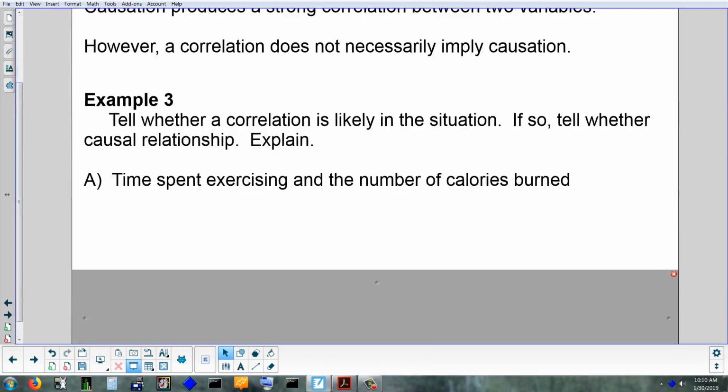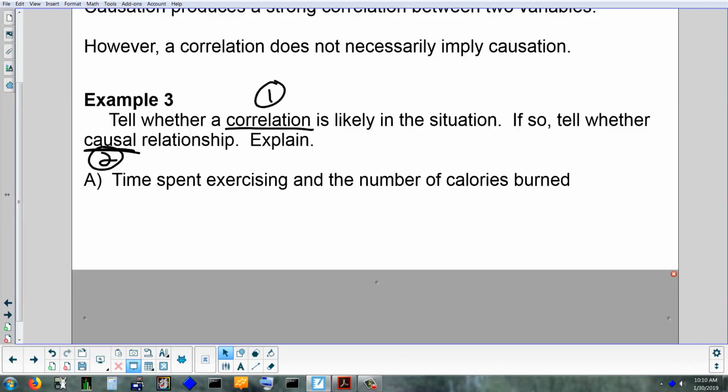So let's figure out first if there's a correlation. Because if there's no correlation, then you don't even go to the next step and look for a causal relationship. So you check if there's a correlation first, and if there is, then you check if it's what we call causal, right?